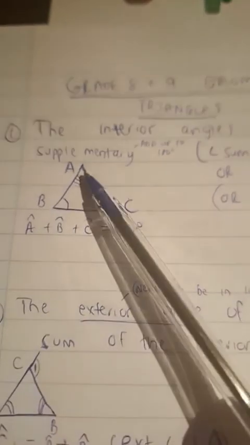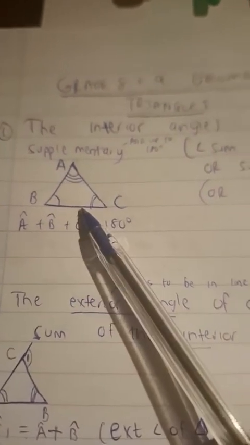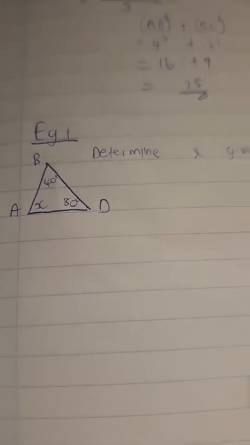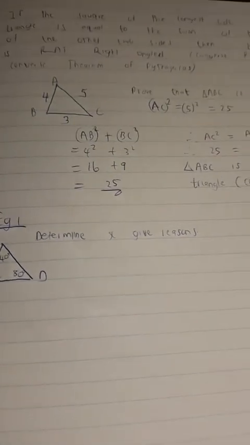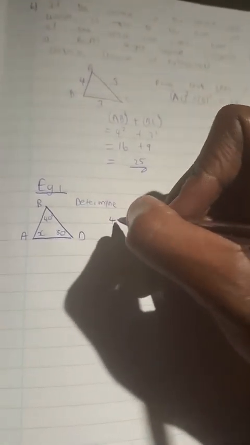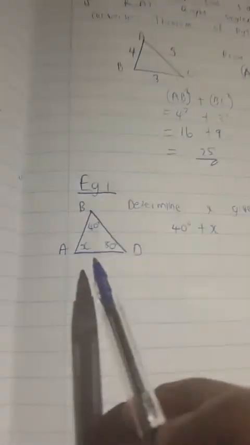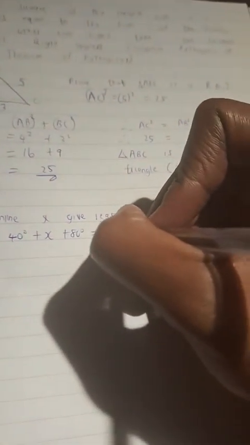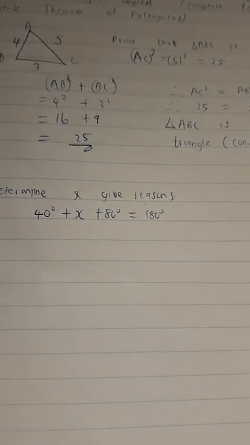Okay, so what can we do with the three angles that we have been given, knowing that two of them we know, just the last one we don't know? We can write a statement. We can say the following: 40 degrees, which is B, plus x, which is A, plus 80 degrees, which is angle D, is equal to 180 degrees.